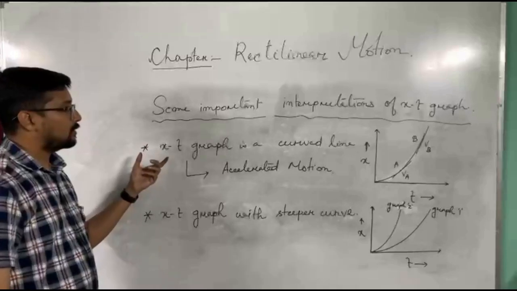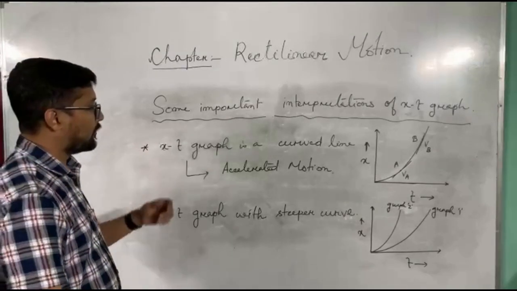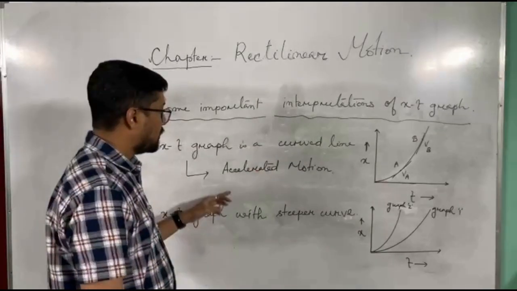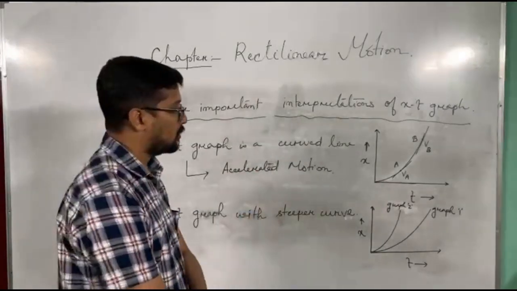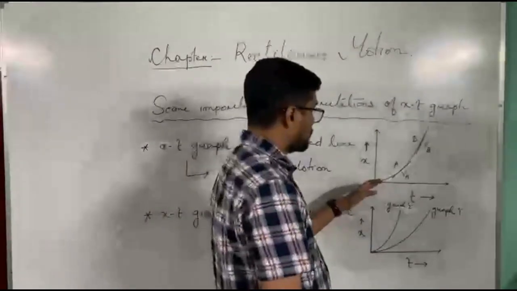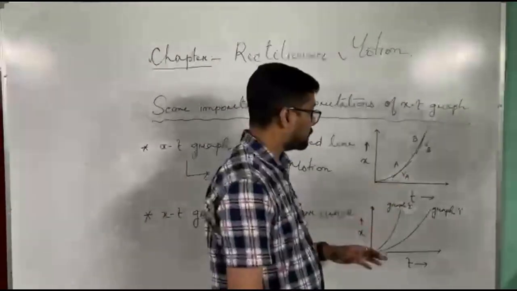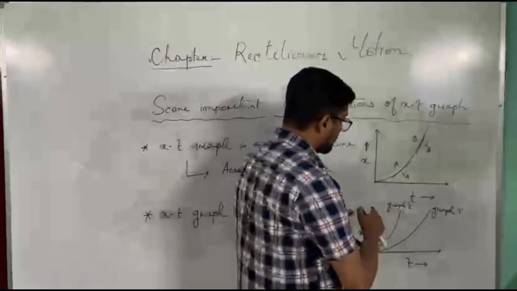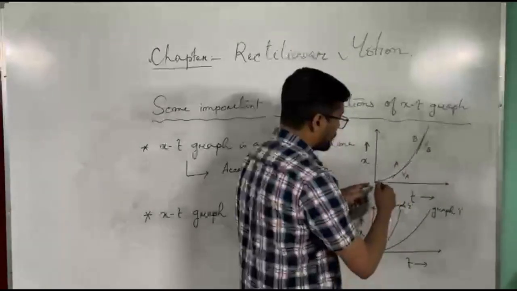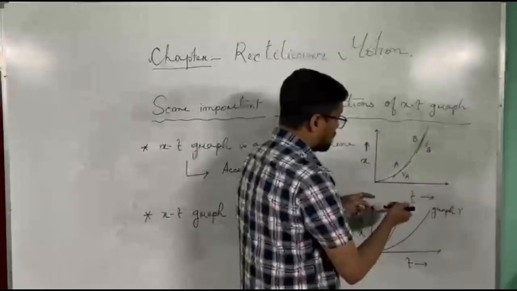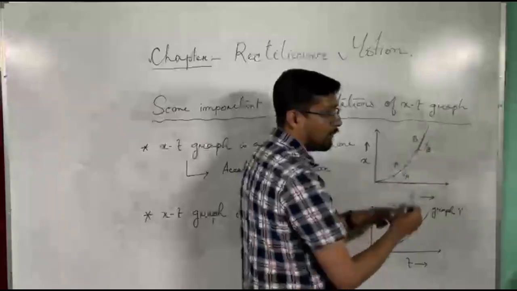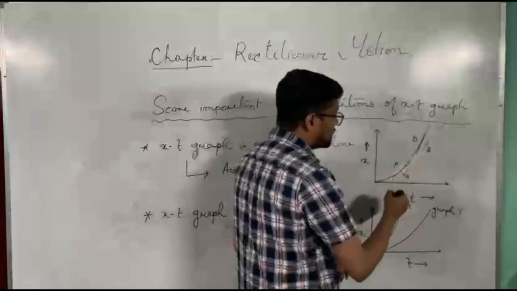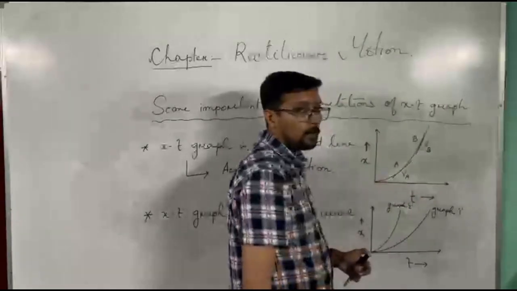So the next interpretation from the xt graph is, when the xt graph is a curved line, it represents accelerated motion. Now let us see how it represents accelerated motion when it is a curve. Now you see in this xt graph, which is a curved line, if I take two arbitrary points A and B and if I draw two tangents, both these tangents, as you can see, have different slopes.